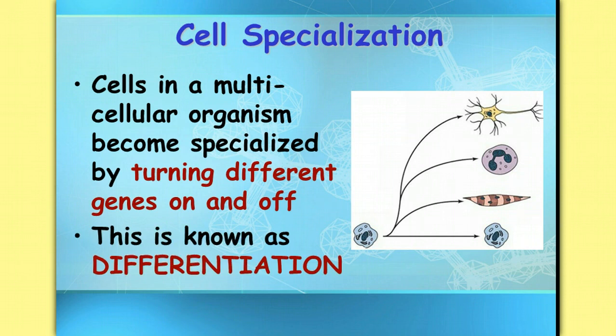Okay, this process is known as differentiation. Originally, when the sperm fertilized the egg, your basic cell that then became an embryo and a fetus was one kind of cell, and as it divided, it remained the same kind of cell until this process of differentiation occurs.